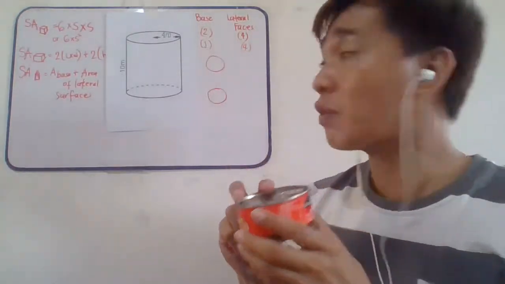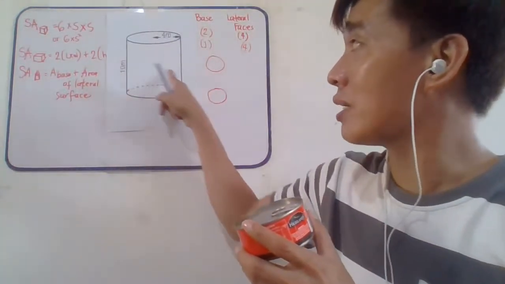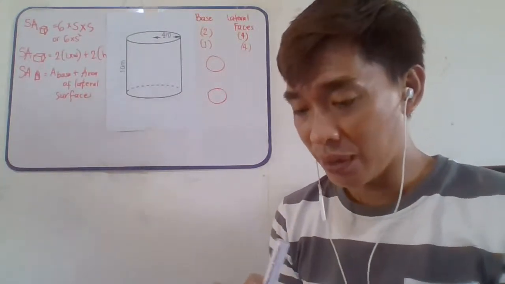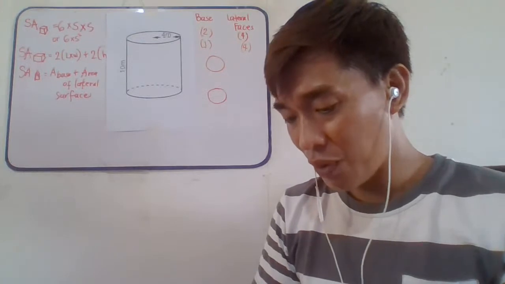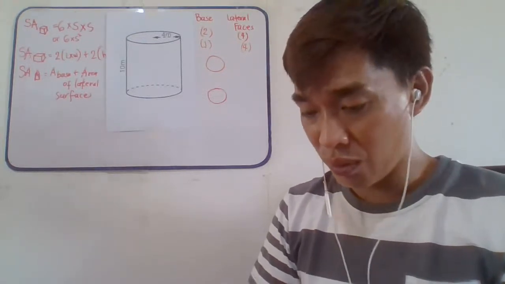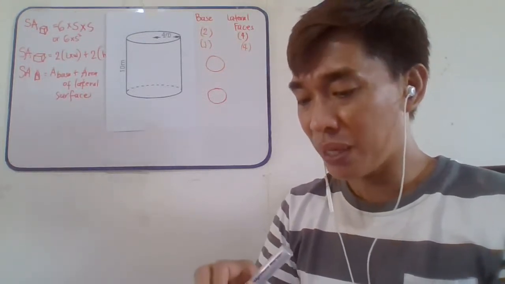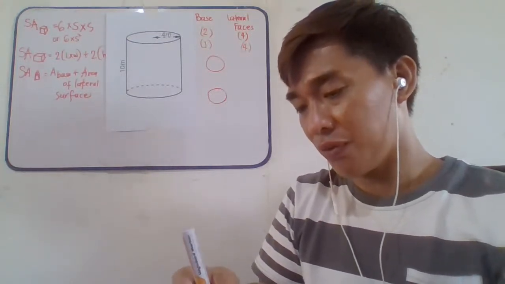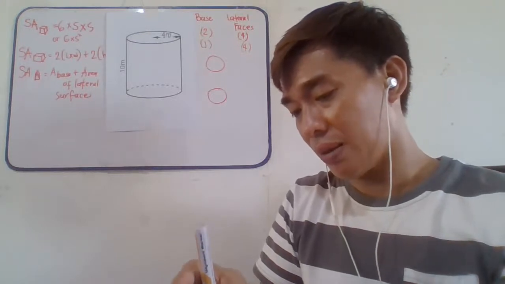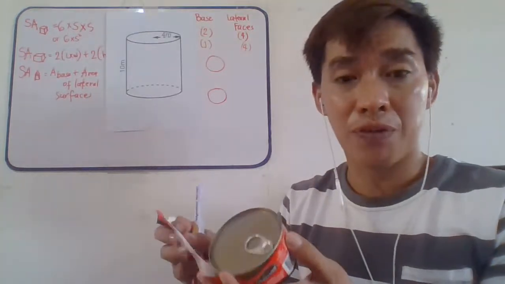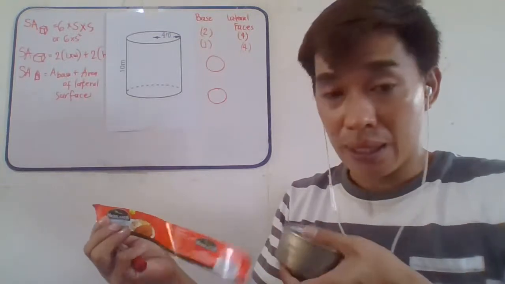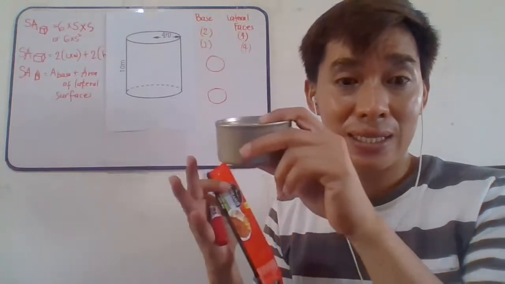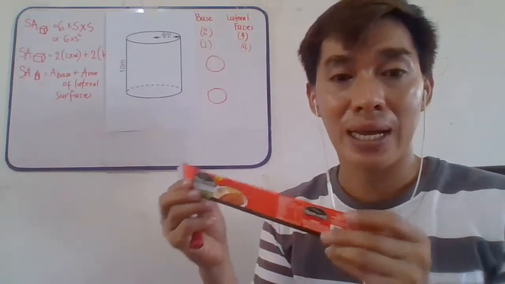Okay, now of course the curved portion here is what we call the lateral face. And the lateral face, for example, if you have canned goods with you, like sardines, you peel that off. Okay, if you will peel that off, the portion surrounding this can is what we call the lateral face.